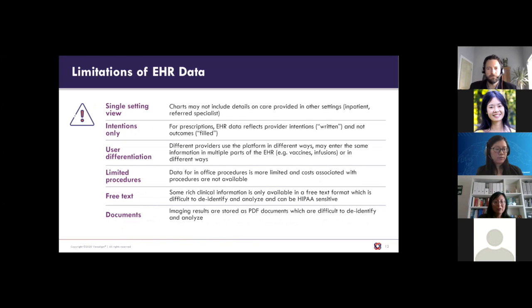When it comes to prescription drugs, specifically those that are not administered in the office, the EHR is reporting the prescription. It's not intended to be a receipt of the actual fill. So subsequent records may offer information on whether or not a patient was compliant with their prescribed treatment. But again, this is a difference between an EHR and looking at drug claim fees.